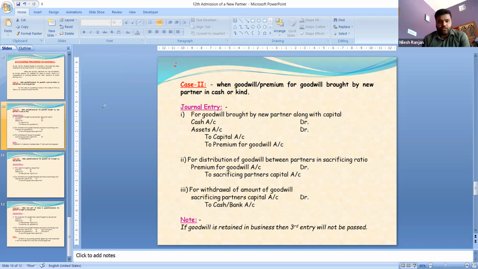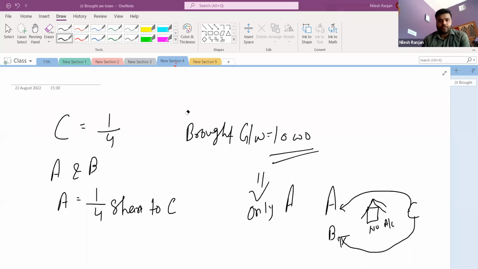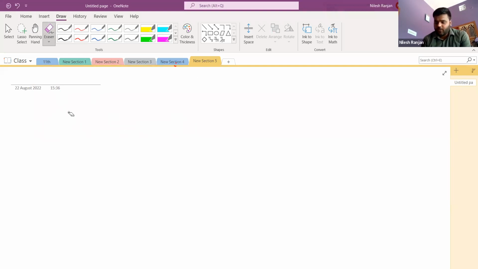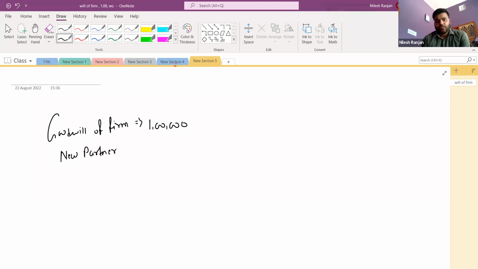Let's say, for example, the goodwill of the firm is 1 lakh, and new partner C comes into the business for a 1/4 share.